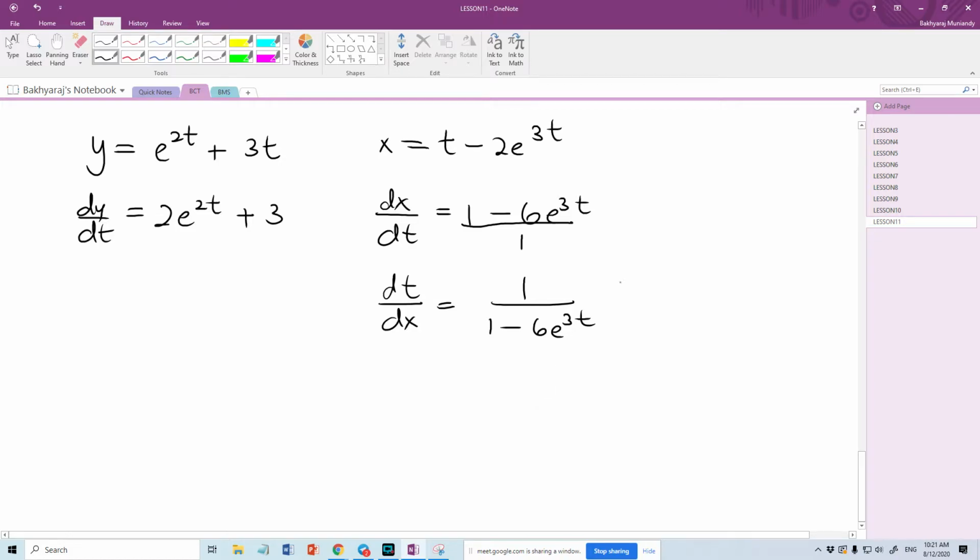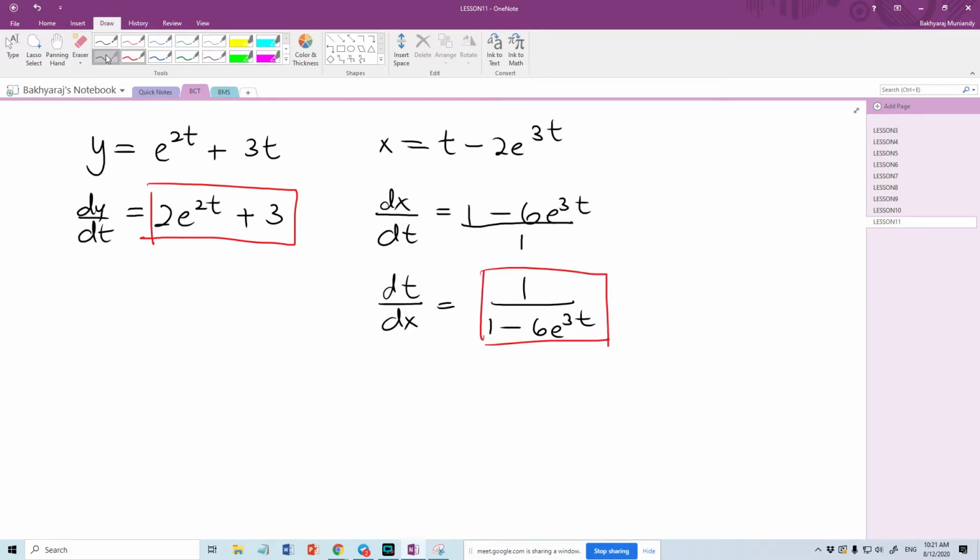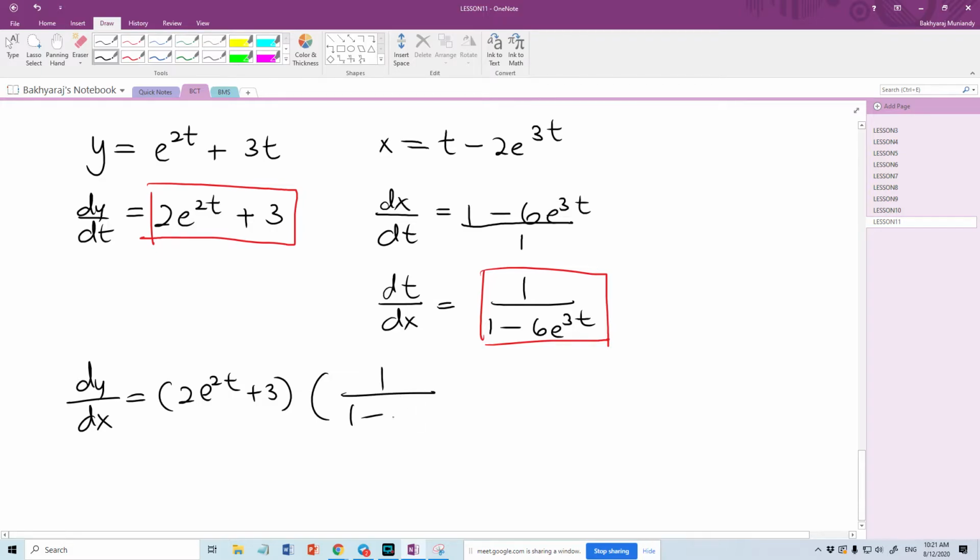Once we get this, we can substitute into the equation. We already have dy over dt and dt over dx, so dy over dx equals exponent 2t plus 3 times 1 over 1 minus 6 exponent 3t.